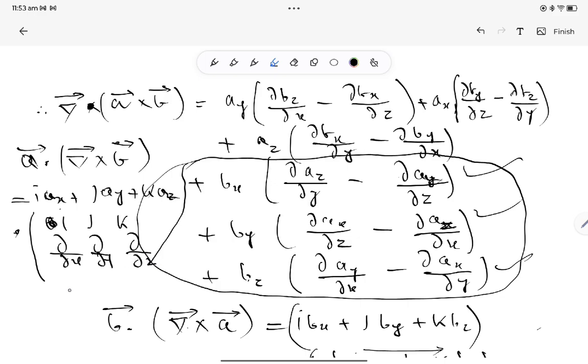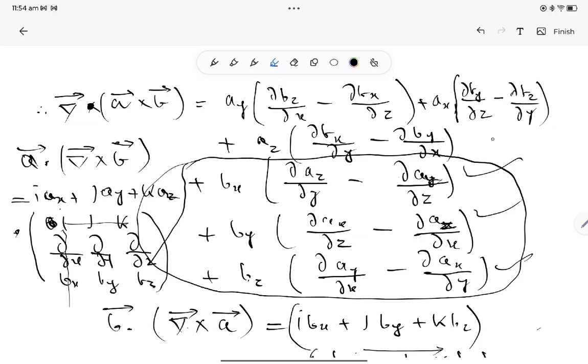Similarly Bx, By, Bz. So you have first the x component. Let's take the x component. The x component here is del Bz by del y.